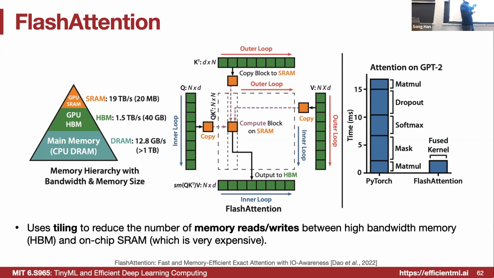Right? So rather than calculating the entire attention map and materializing it, storing it into the DRAM, we want to compute on the fly, block it, and do as much as possible in the SRAM, rather than having to materialize the intermediate results, for example, the entire attention map, into the DRAM.